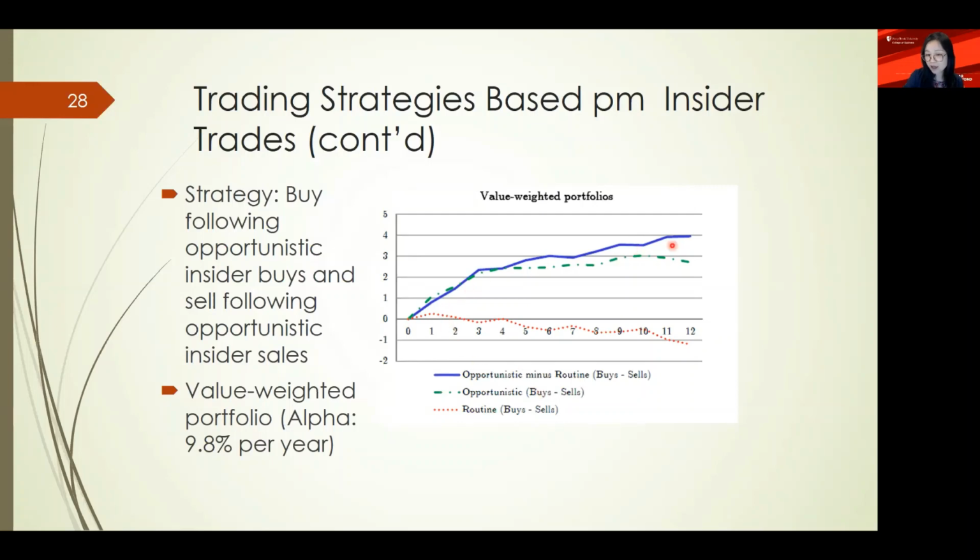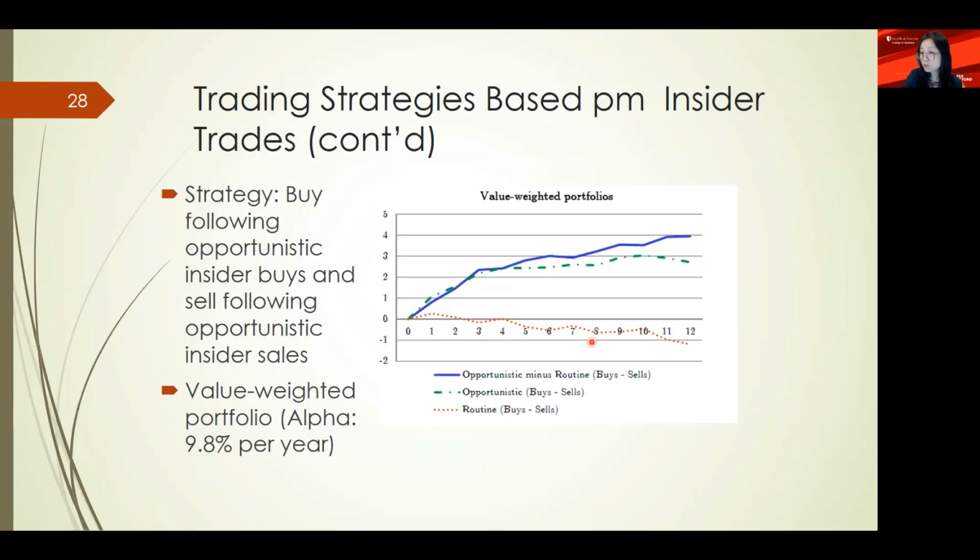This blue line is the opportunistic long-short strategy, following the trades, minus the routine trades. You buy those who opportunistically buy, and you short those stocks with opportunistic sale trades, and you get the blue line.